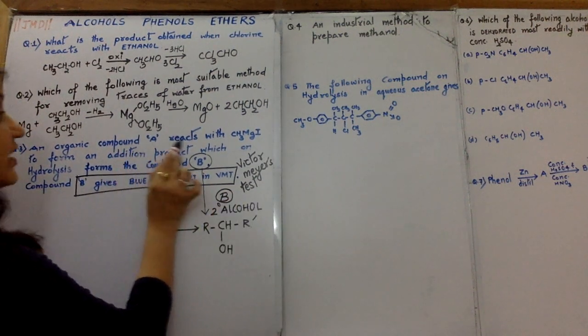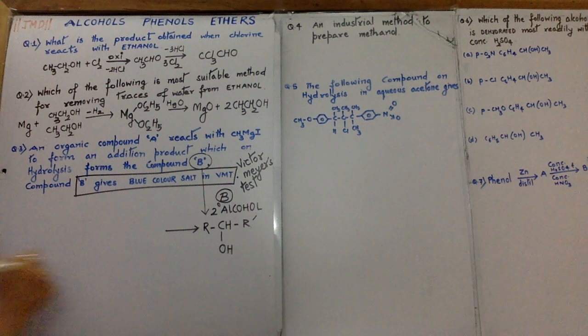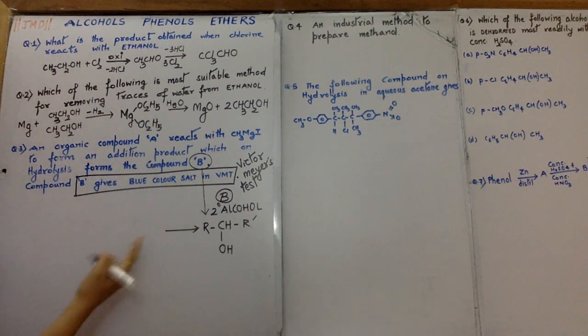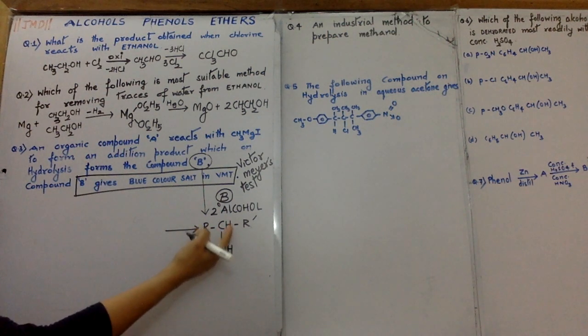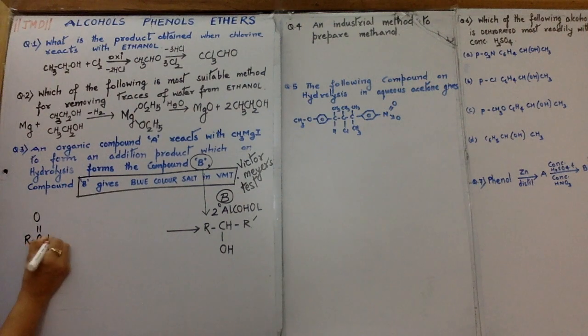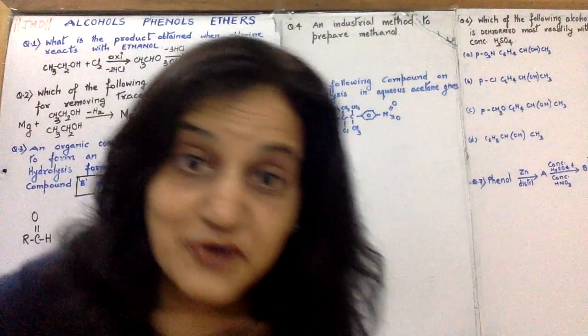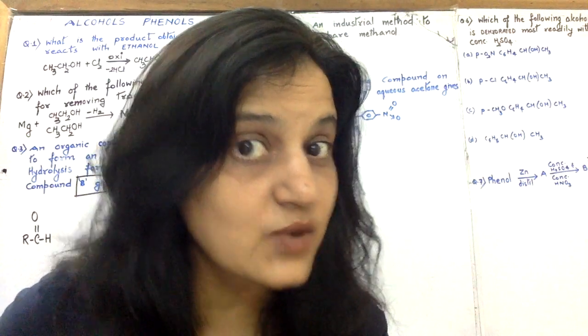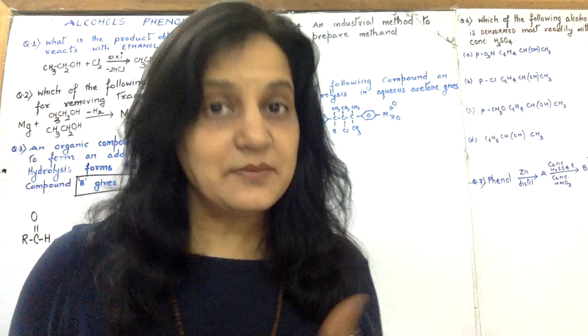Now it says A reacts with CH3MgI to form an addition product which gives B. Now a secondary alcohol is obtained by adding Grignard's reagent to an aldehyde, but not formaldehyde, because formaldehyde with Grignard's reagent gives a primary alcohol.